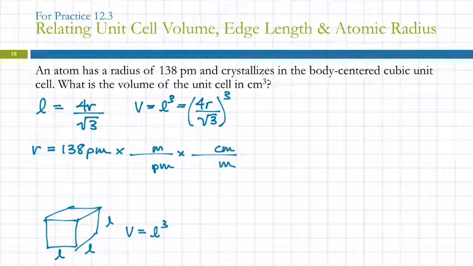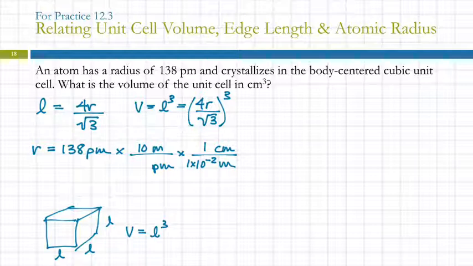Centi means 10 to the minus 2. So put 10 to the minus 2 here. 1 centimeter is 1 times 10 to the minus 2 meters. Pico means 10 to the what? It's not 9, because that's nano. They're multiples of 3 for the most part. Nano is 10 to the minus 9. This is the next one.